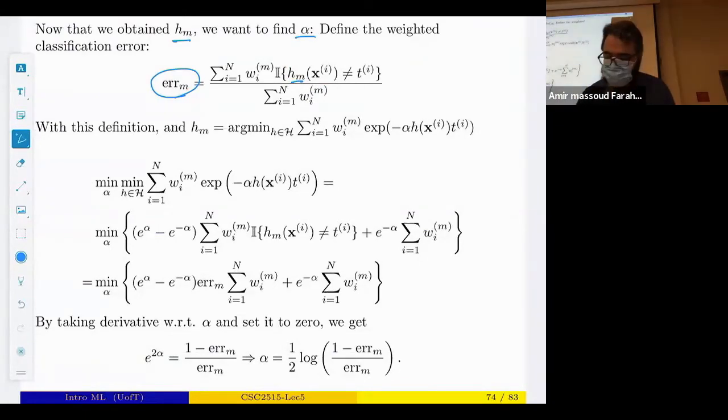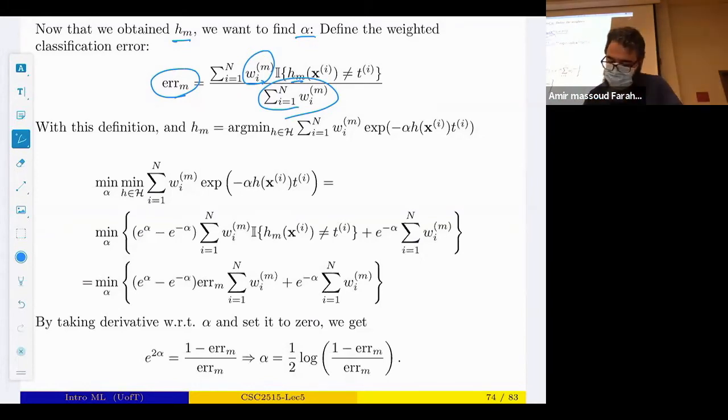So it's either 0 or 1, but it is weighted by w, the weight. And then we define a normalizing factor. We divide by a normalizing factor, which is the summation of all the weights. If the sum of the weights is equal to 1, then the denominator would be 1. Otherwise, this is just normalizing.